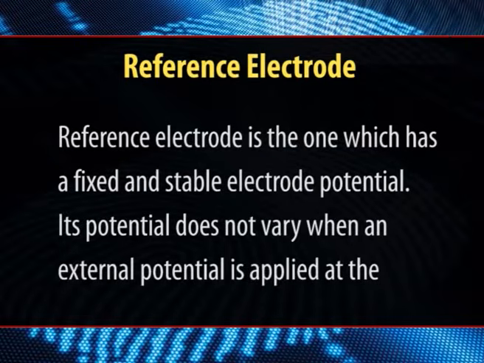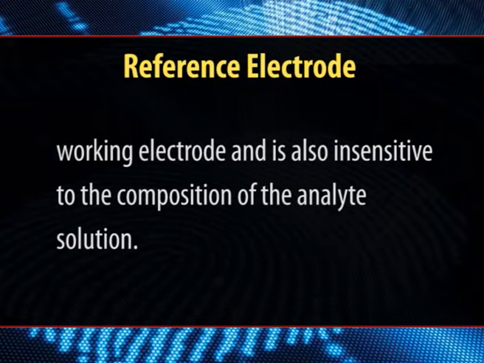Reference electrode is the one which has a fixed and stable electrode potential. It does not vary when an external potential is applied at the working electrode and is also insensitive to the composition of the analyte solution. The electrodes commonly used as reference electrodes include standard hydrogen electrode, silver chloride electrode, calomel electrode, etc.